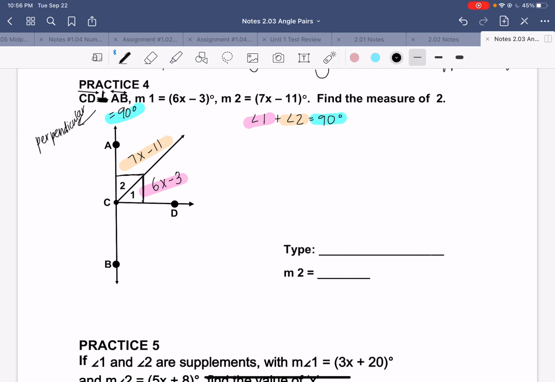And now I just plug in. So 6x minus 3 plus 7x minus 11 equals 90 degrees. I'm going to combine like terms. So I have 6x and a positive 7x, which gets us 13x. We have negative 3 plus a negative 11, which gets us negative 14.